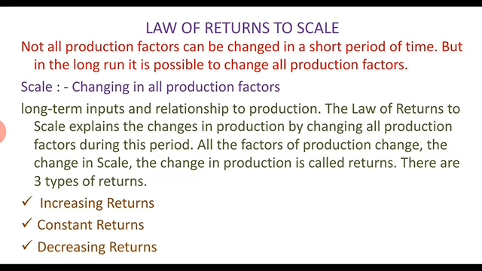That is, if all factors, that is scale, increase by 10%, and as a result output or returns increase by 6%, then diminishing returns to scale prevails. When scale is increased to a point where division of labor is not possible, returns begin to decline.